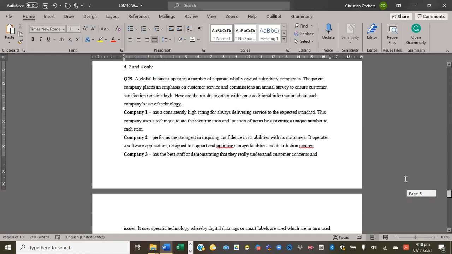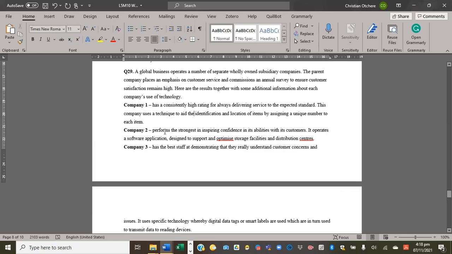Then company 2 performs the strongest in inspiring confidence in its abilities with its customers. Which service dimension is that? Assurance. So inspiring confidence in its abilities with its customers.